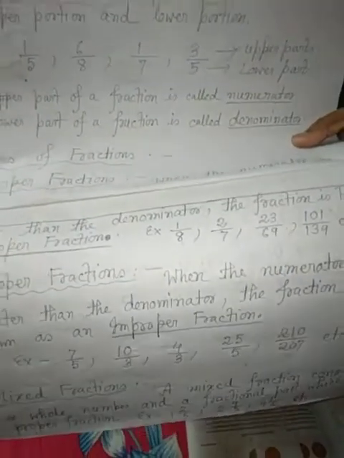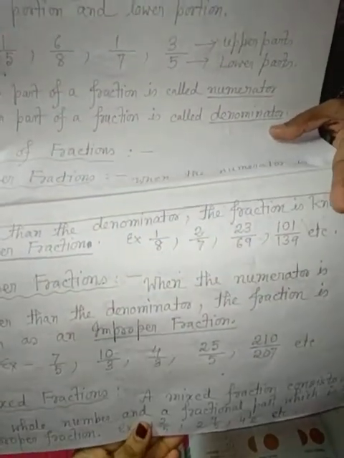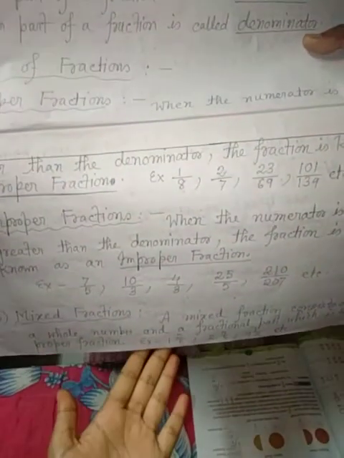Okay. There are many types of fractions. Types of fractions. Proper fraction. When the numerator is smaller than the denominator, the upper part is smaller than the lower part, that is called a proper fraction.